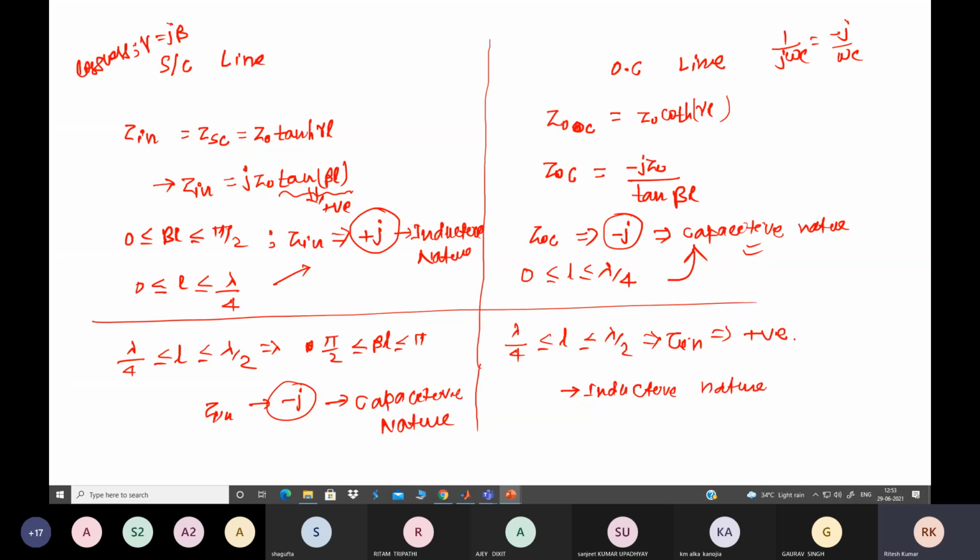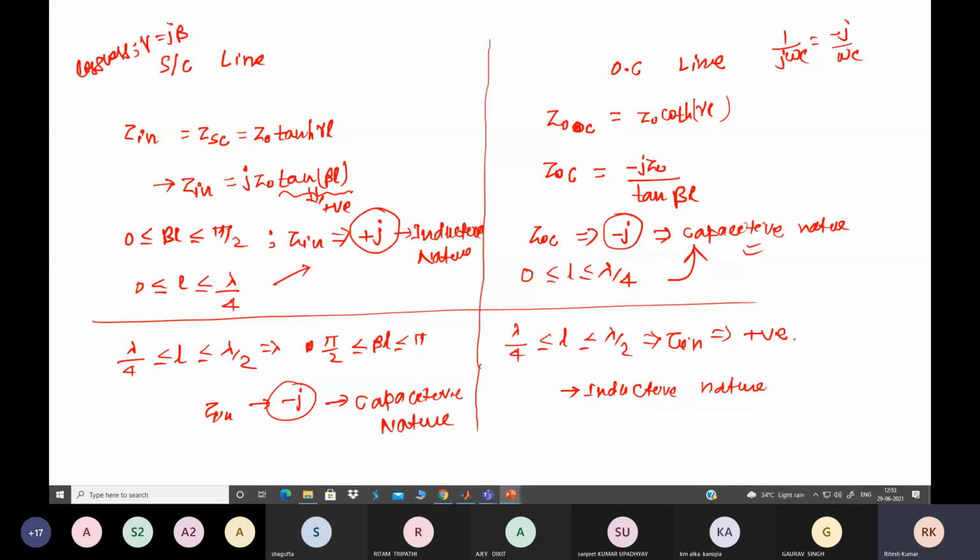Hence from this discussion we can conclude that our short circuit or open circuit transmission line may behave as an inductor as well as capacitive, but that will be decided by the length of the transmission line. So these are the standard results you have to keep in mind.